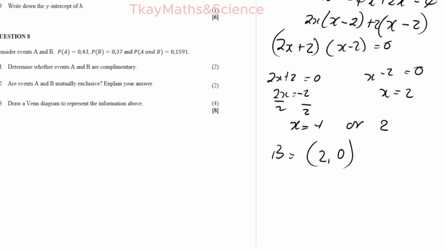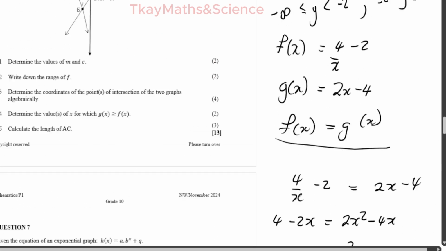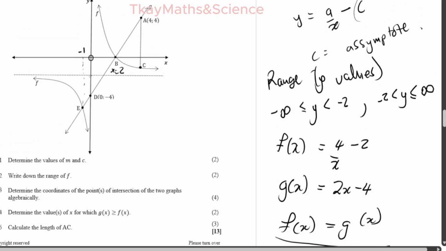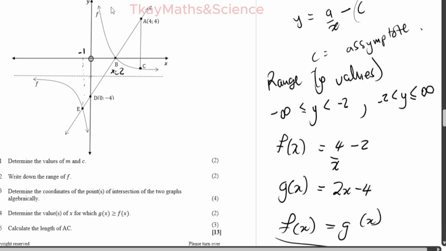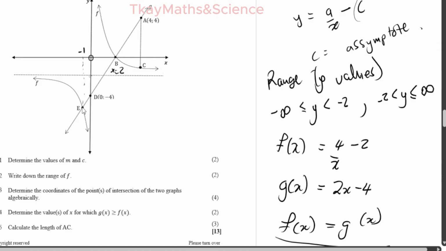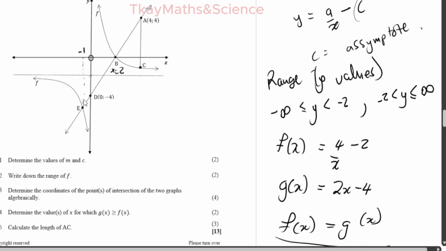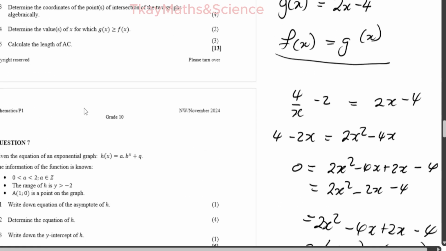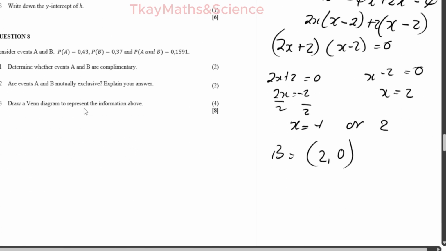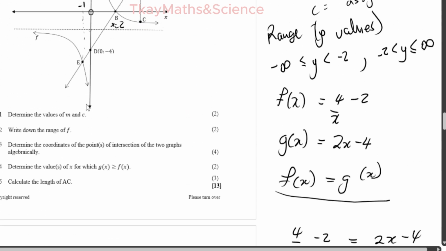Okay, we go on to the coordinates of E. Now we can just input in any function, f of x or mx plus c, to get the value of y here at E. Okay, so we're going to do it like this. What is the value of x here? We got x is equal to -1, right? So let's put it in f of x here.